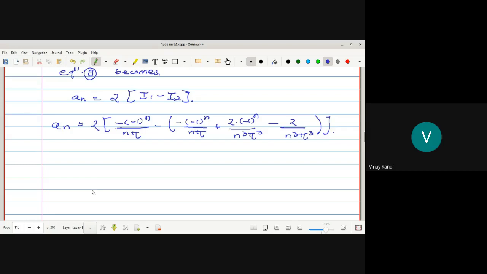Okay, now after simplification we get pi cancel होईल यातला, हा minus minus minus. Okay, ही टर्म cancel होईल, first term.